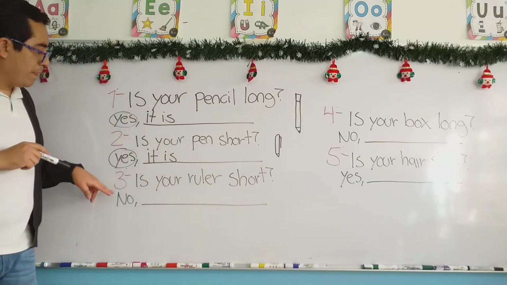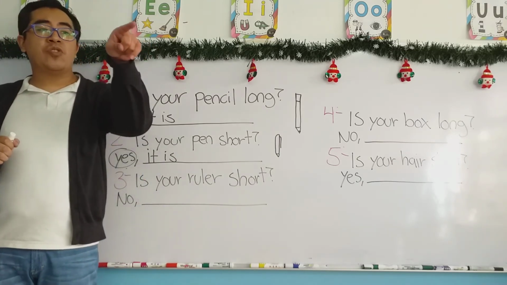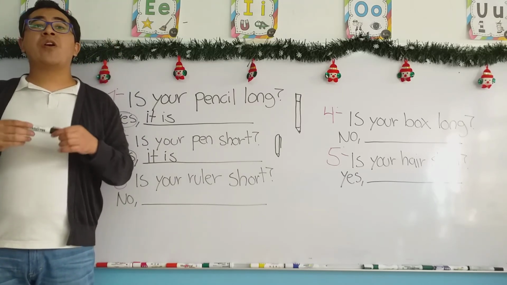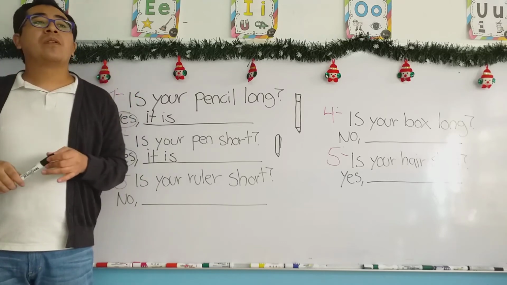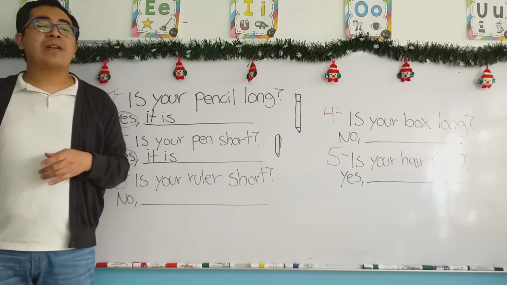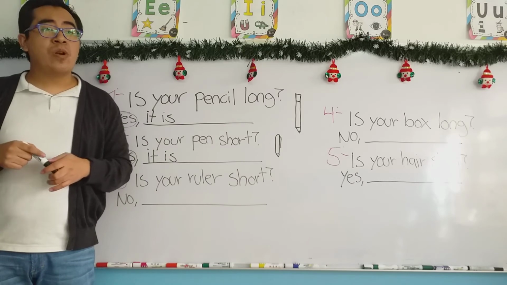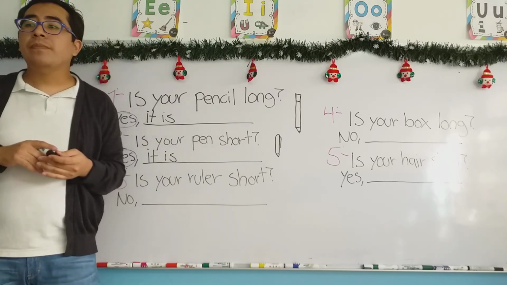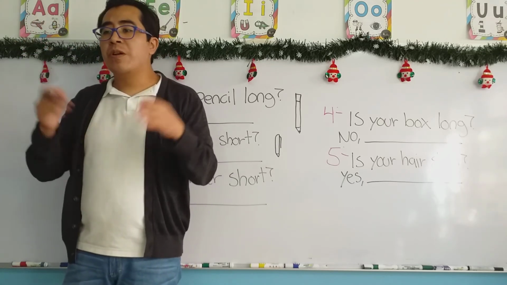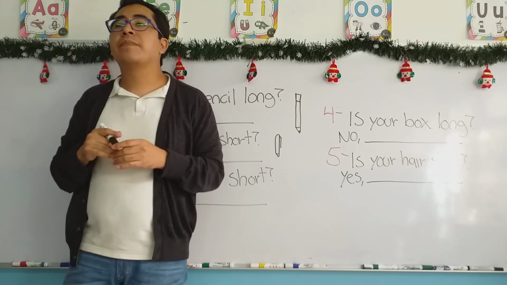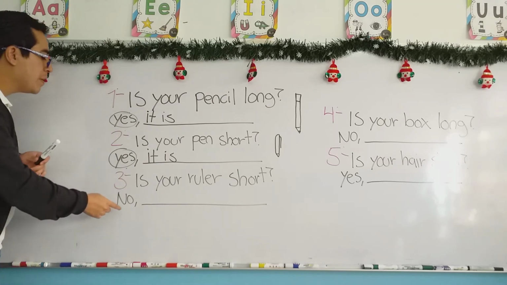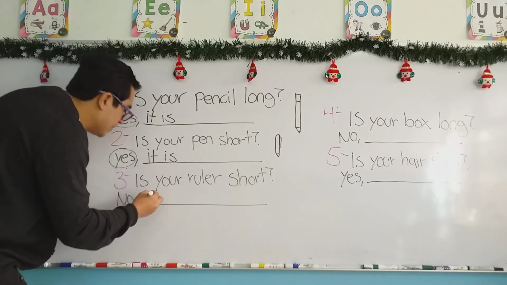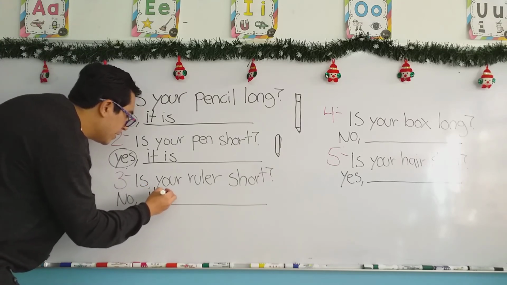Number 3, it says, is your ruler? Remember, ruler, an object of measure. Is your ruler short? Is your ruler short? The answer is no, it isn't. It isn't.